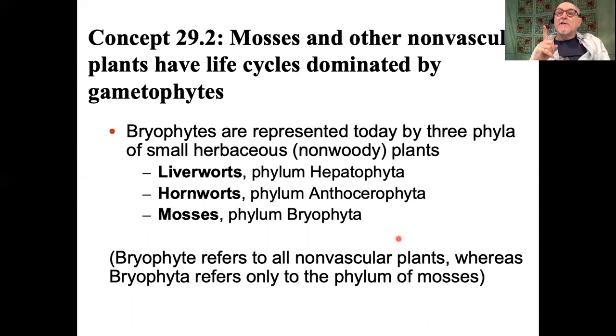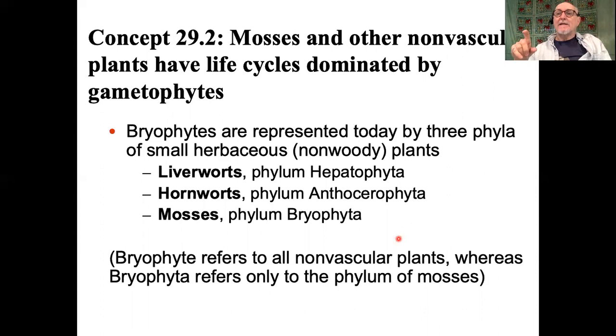They have one characteristic which sets them apart, one to remember really. And that is that in the bryophytes, the gametophyte stage of the alternating life cycle is the dominant phase.